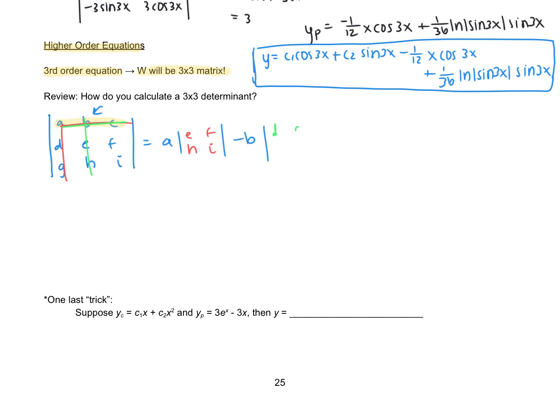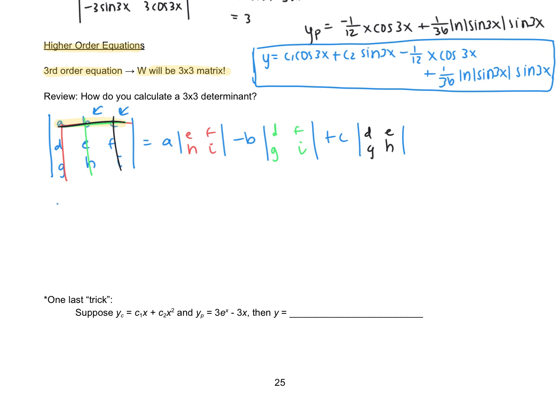So that would give me D, F, G, I. And then lastly, when I go to the third, I switch the sign again, and this time I'm going to ignore the row and column that C is in, which would give me D, E, G, H. So that would be how we find the determinant of a 3x3 matrix.